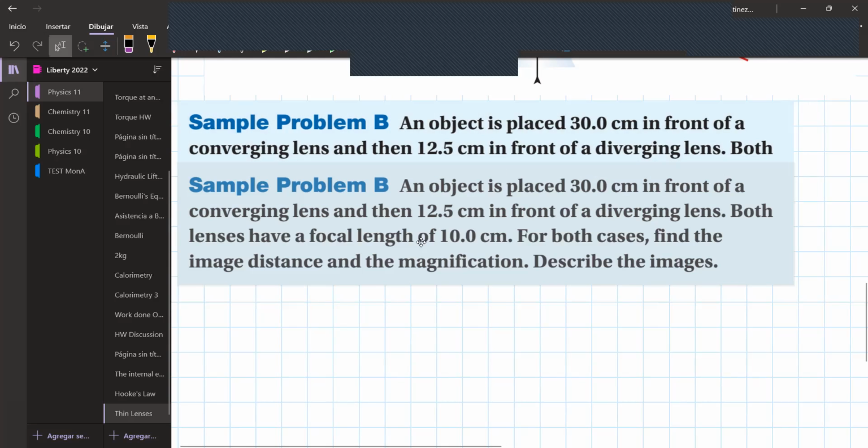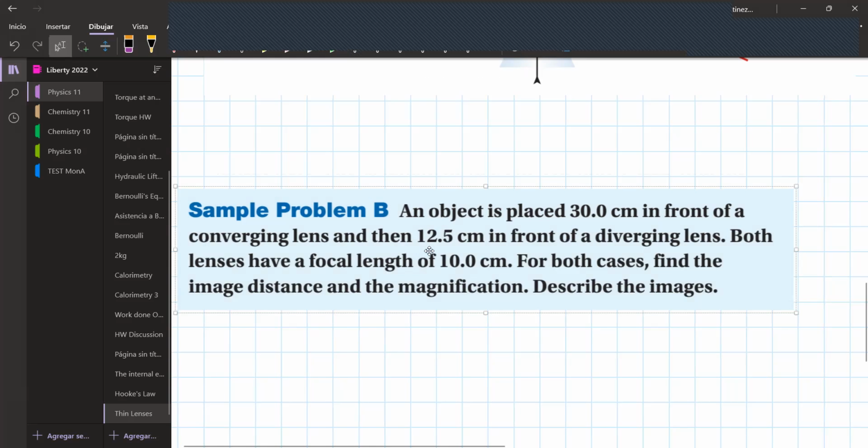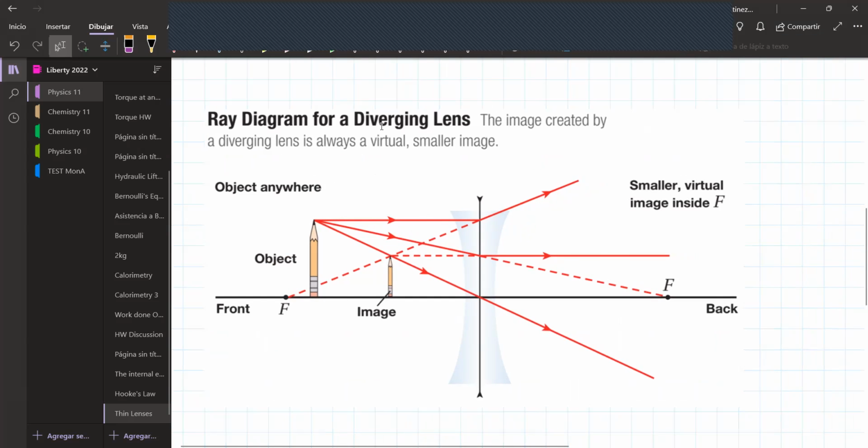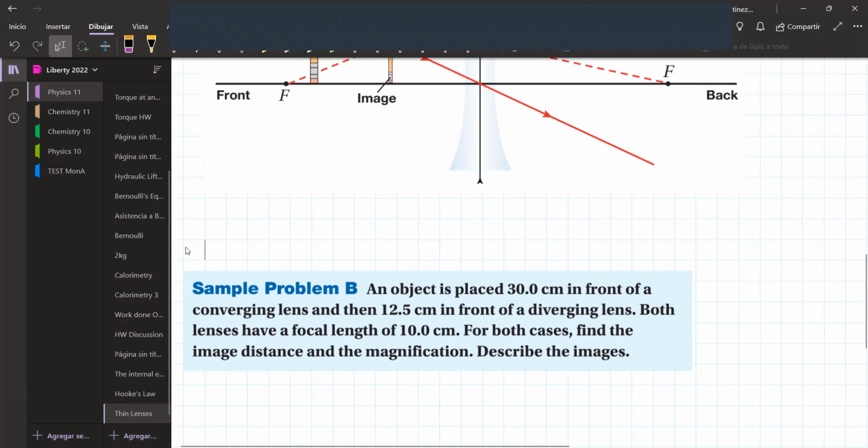So right now, as I was telling you, today we're going to focus on divergent lenses, okay? Just divergent lenses. So we're not going to solve all of this problem. You're just going to focus on the divergent lens that is mentioned in the problem.